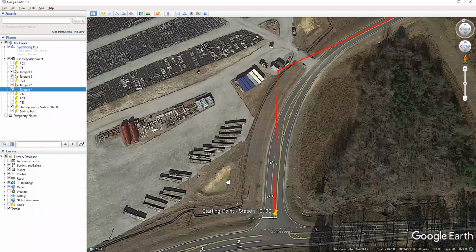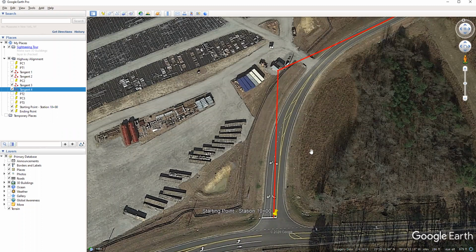So we'll know the stations of all of our PIs as we move through this, but we have to establish one curve at a time and then move to the next PI in order to correctly establish those PI stations. This is the reason why the PI is such an important component for horizontal curves.